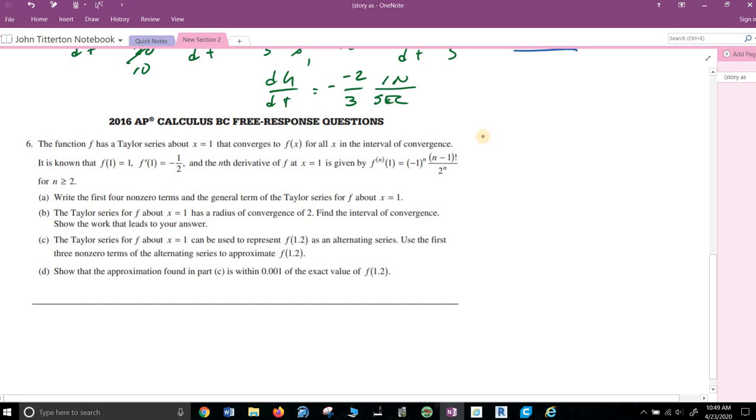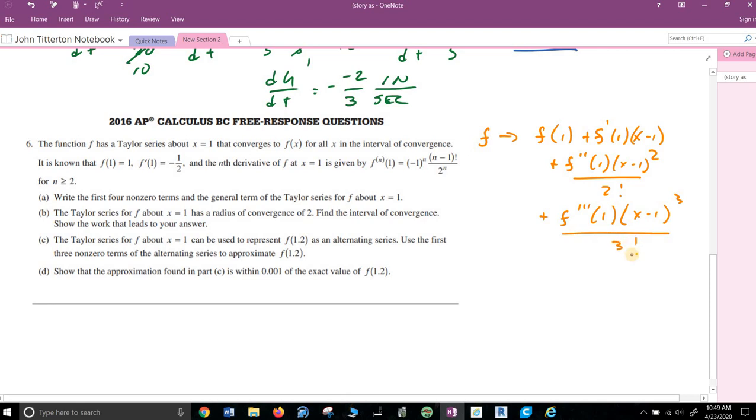To find the first four terms for f, we go with, and we're about f of 1: f of 1 plus f prime of 1 times x minus 1, plus f double prime of 1 times x minus 1 squared all over 2 factorial, plus f triple prime of 1 times x minus 1 to the third over 3 factorial.